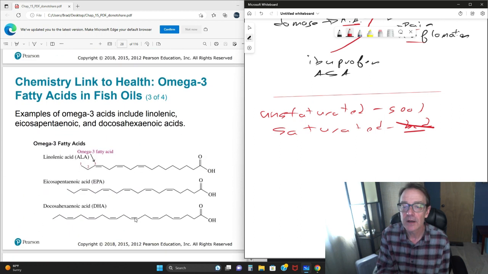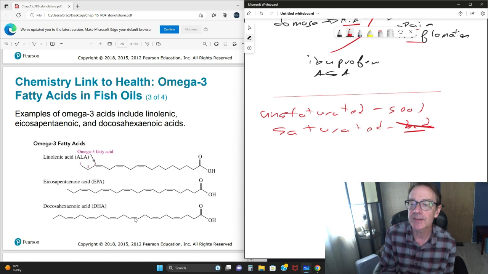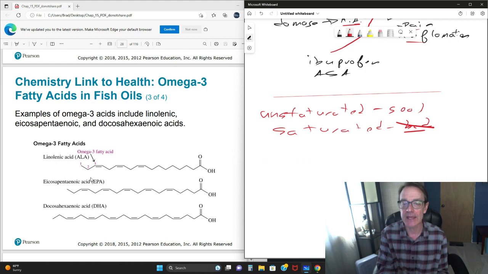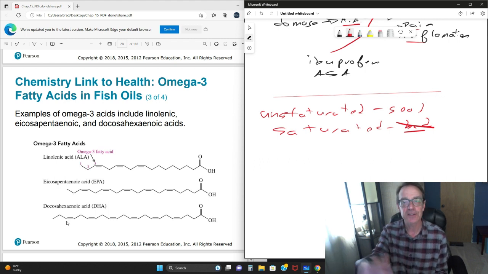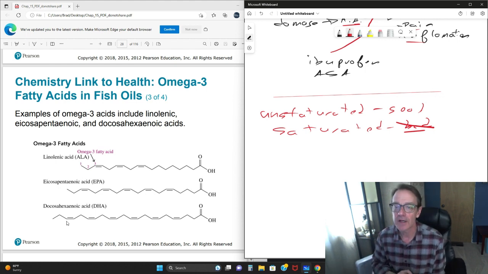Another polyunsaturated fatty acid, carboxylic acid out on the end, but the first double bond occurs 1, 2, 3 carbons in from the end. 1, 2, 3. That's what makes them omega-3. It's just the placement of that first carbon-to-carbon double bond.